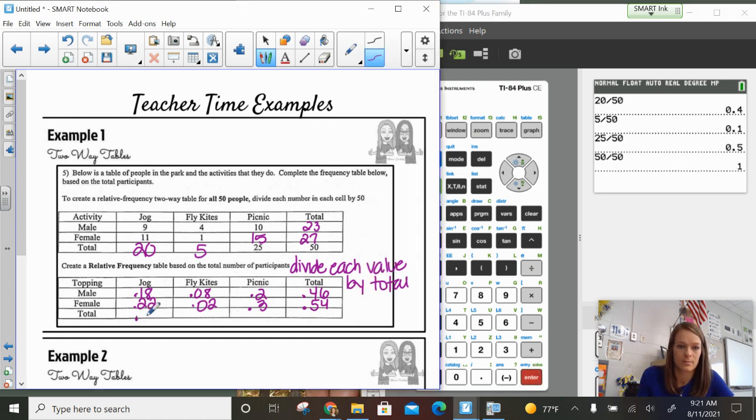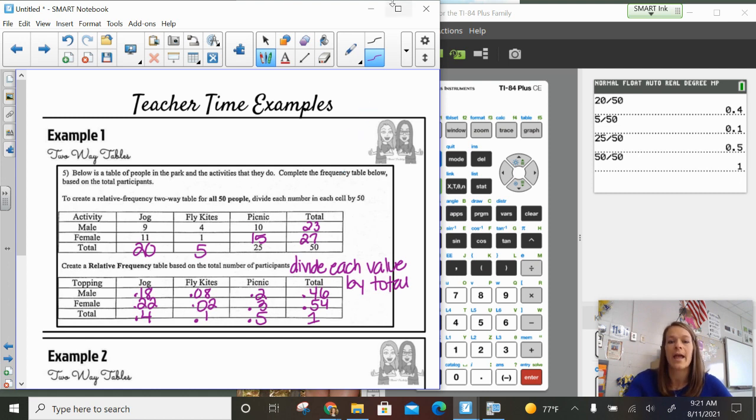So 0.4 here, 0.1 here, 0.5 here, and just a 1 here. And that is called your relative frequency table.